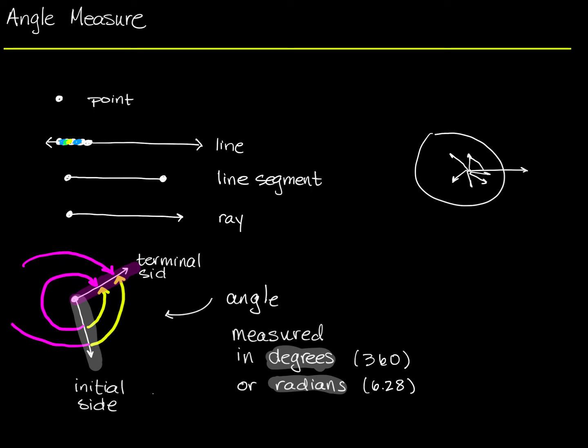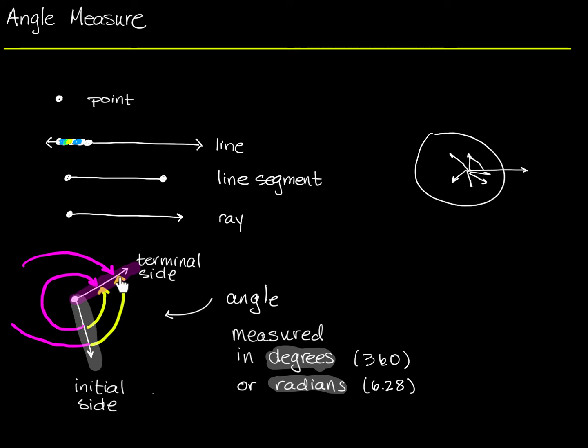Notice in this diagram that I have here, if this is my initial side and this is my terminal side, I can still either start here and end here by going along this short yellow arrow, or I can start here and end at the same place by going along the outside, along the pink curved arrow. So which is the initial side and which is the terminal side is not affected by which way I go.